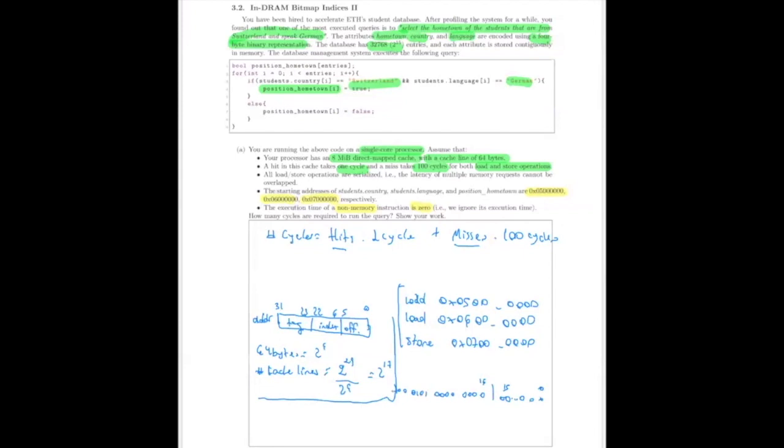From bit 22 until bit 6, your index is always going to be 0 for the first address here.